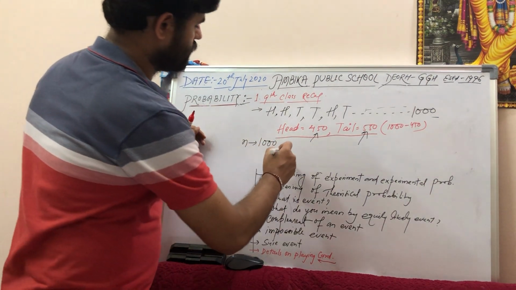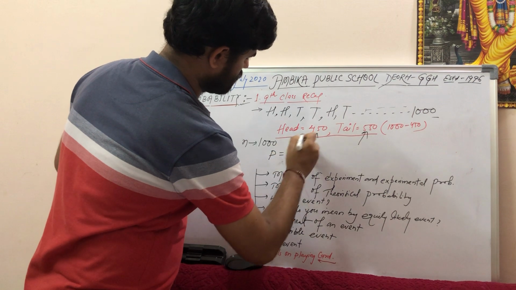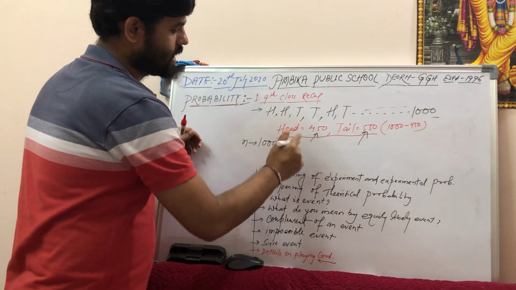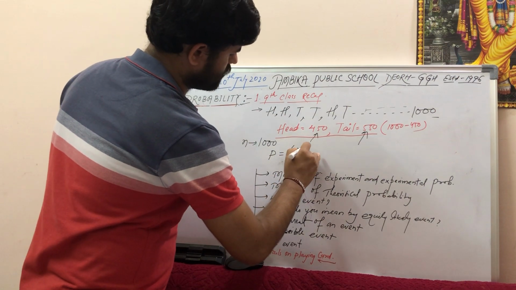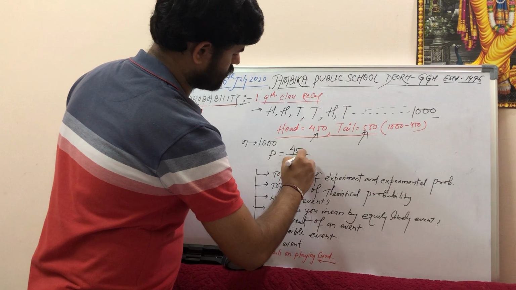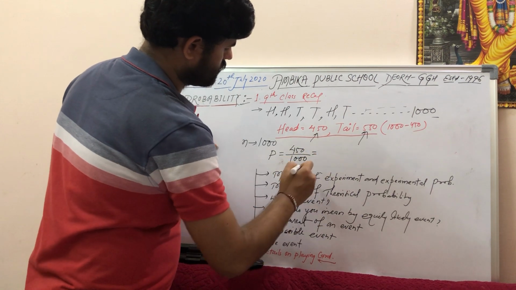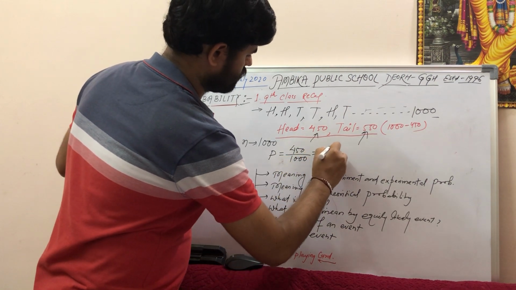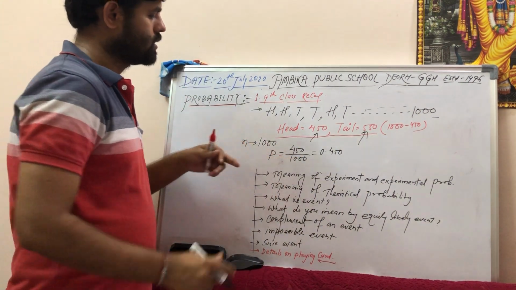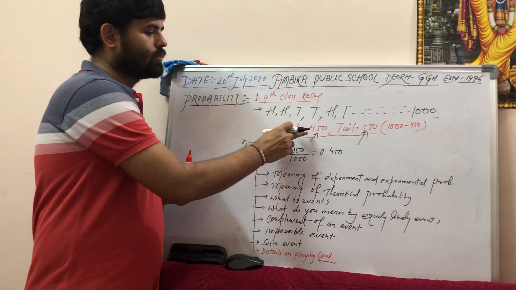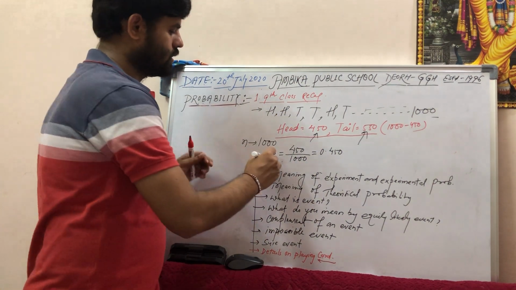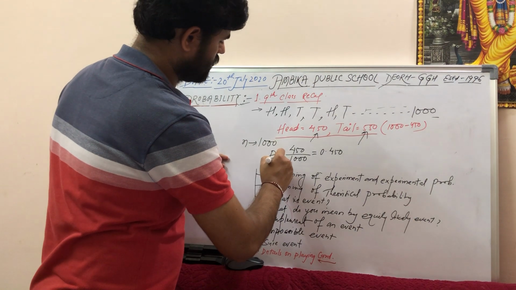You can say that probability equals the number of times head happened, which is 450, divided by the total number of times we have done the experiment, which is 1000. That equals 0.450, right? Because you know that 450 times I have got the head, I have easily calculated the probability of head.